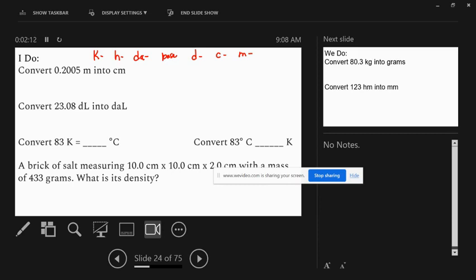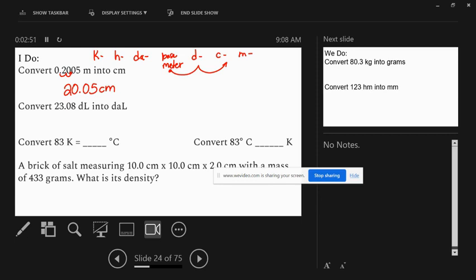I am starting with my base as meters here, and I'm going to count how many spaces I need to go. So 1, 2. I went 2 spots that direction. So I'm going to take my decimal point and move it 1, 2 spots. So my answer ends up being 20.05 centimeters. You're just sliding the decimal point the same number of spots that you slid on the line.